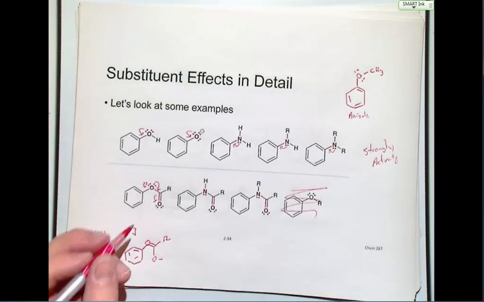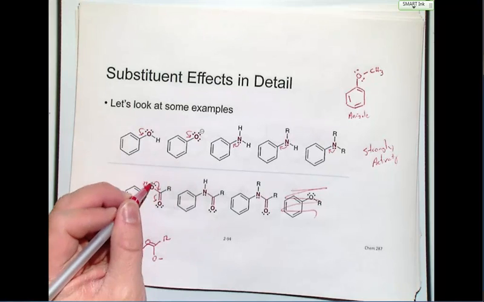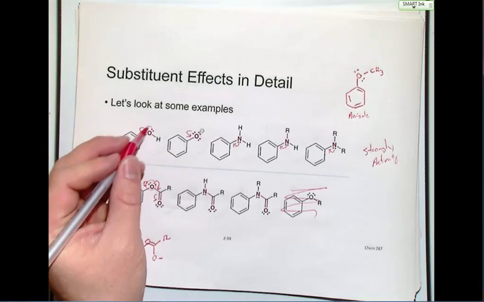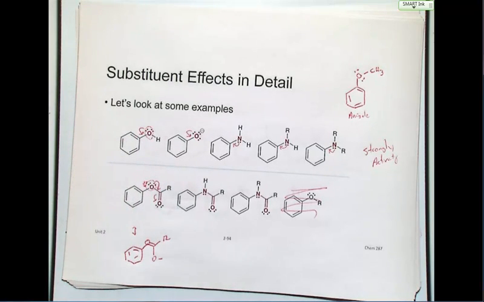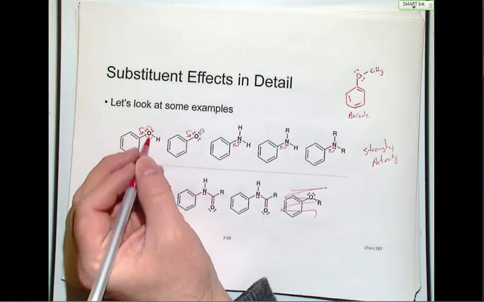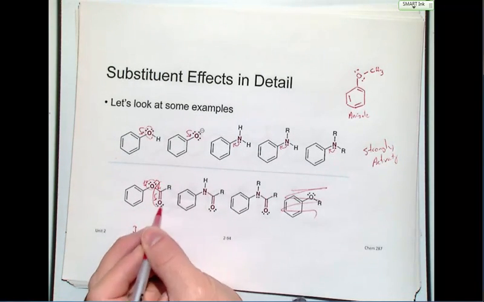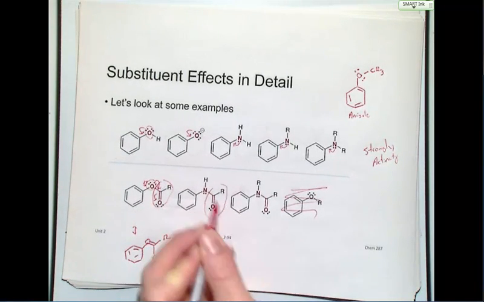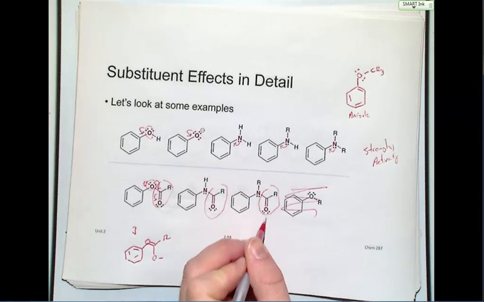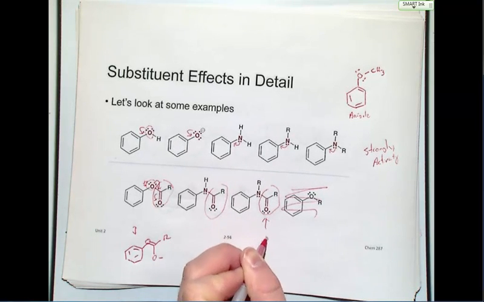Really, what that's saying is that attached to each of these electron donors, the oxygen and nitrogen and so on, there's an electron withdrawing group. In the top row there aren't any electron withdrawing groups really attached; hydrogen isn't very electron withdrawing. But in each of these, we have a carbonyl system attached to our electron donor, and these are themselves electron withdrawing groups.